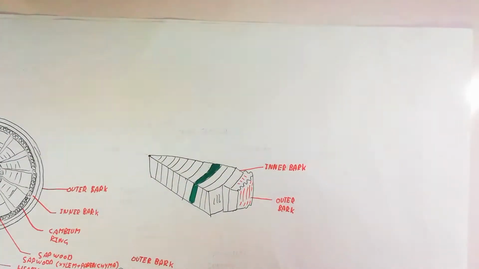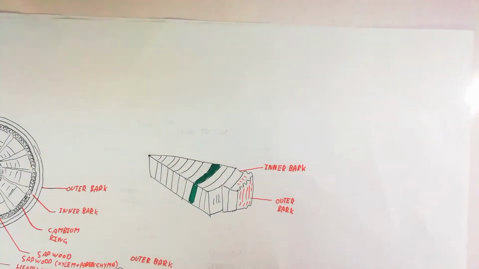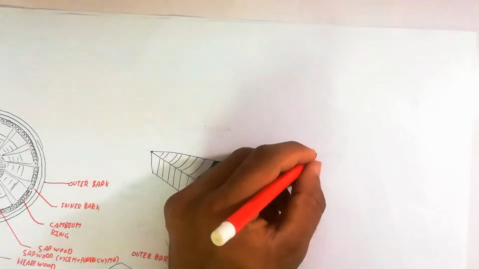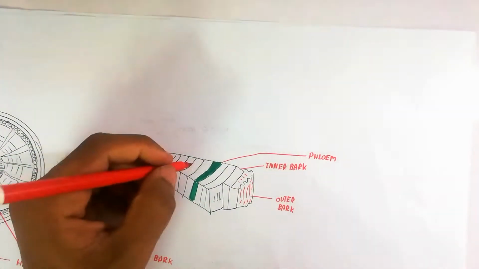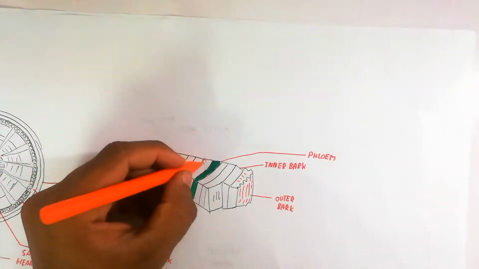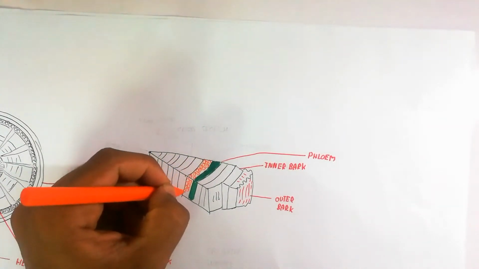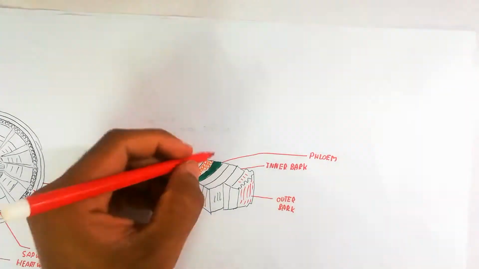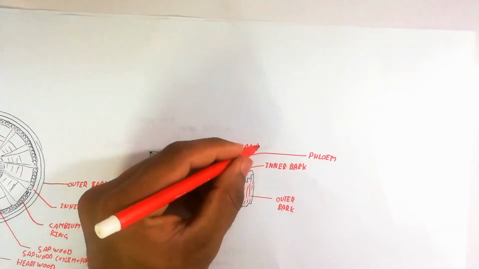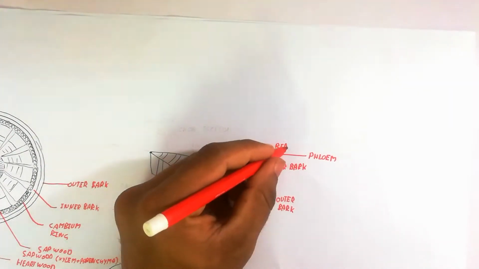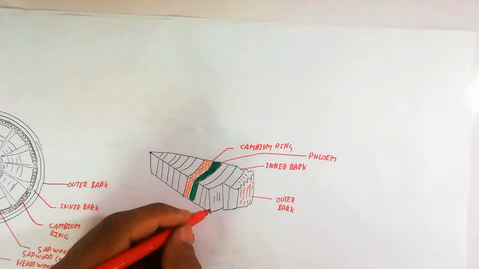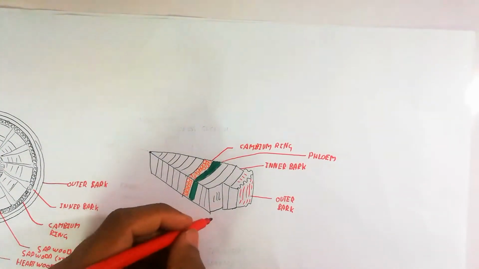Here is another cross section: the upper side is the cross section, and the downside shows the inner bark and outer bark, and the green color shows the phloem. Outside the phloem is the secondary phloem growth, and inside go the secondary xylem and primary xylem.